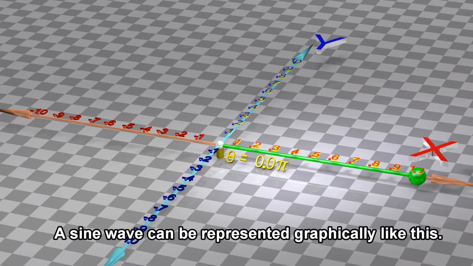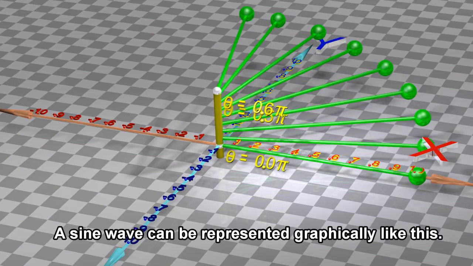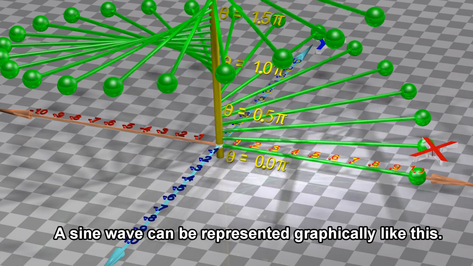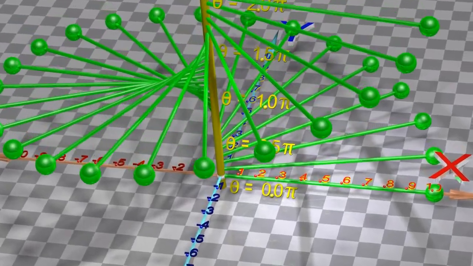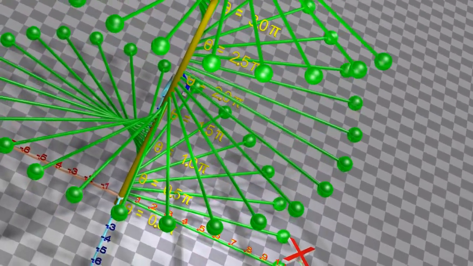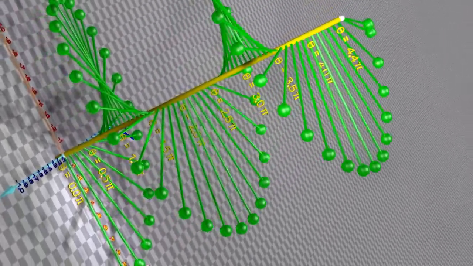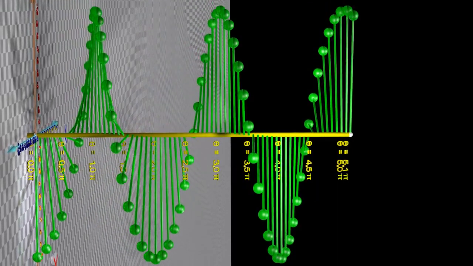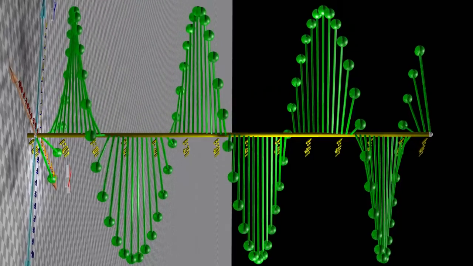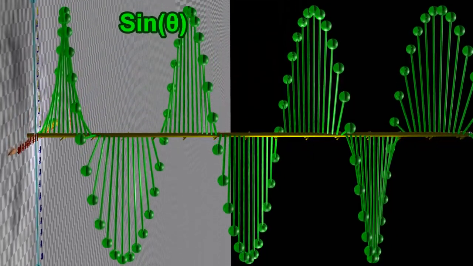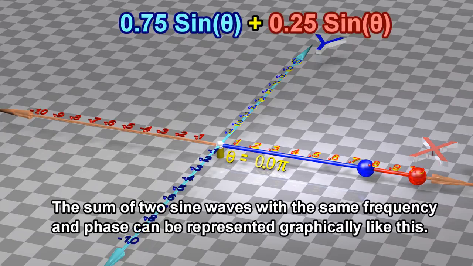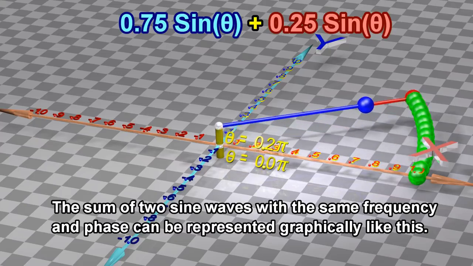A sine wave can be represented graphically like this. The sum of two sine waves with the same frequency and phase can be represented graphically like this.